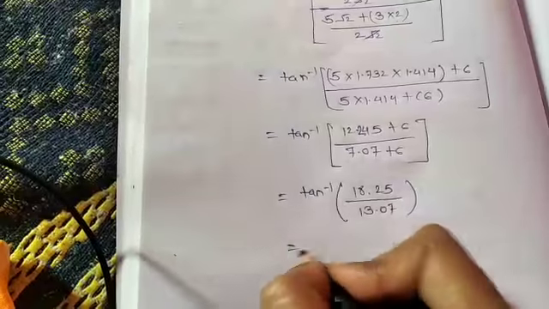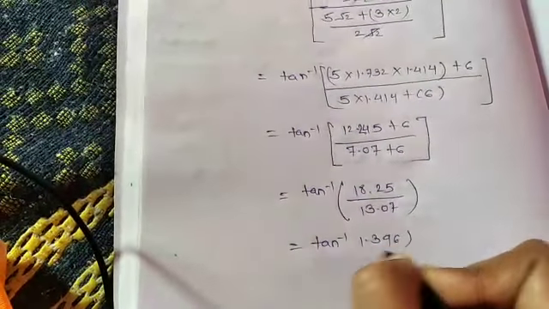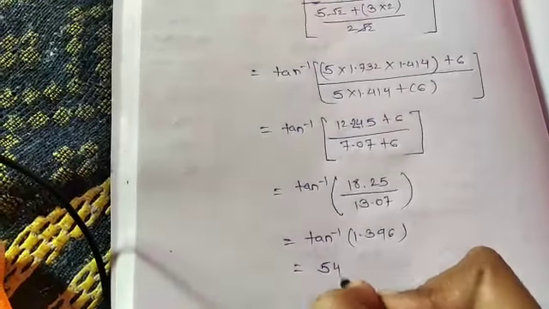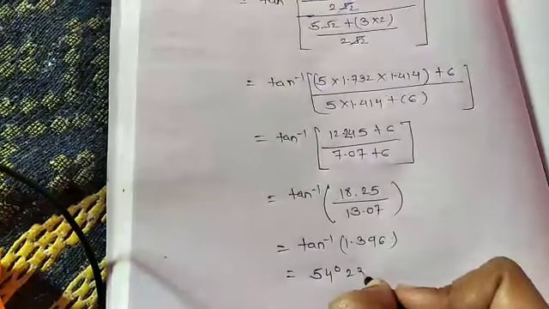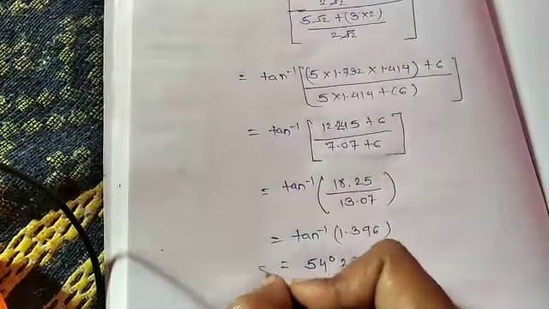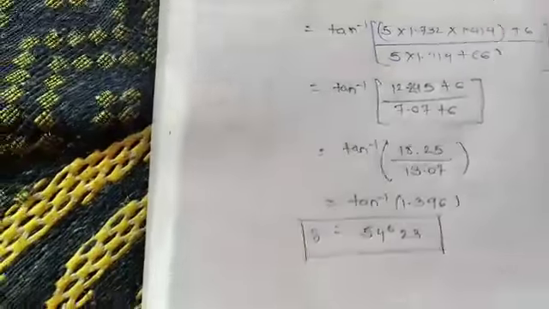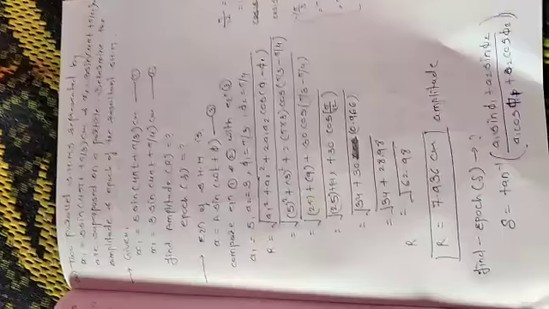Then it is tan inverse of 1.396, which will be about 54 degrees. Just take the tan inverse of this. So this is the delta. You can take a screenshot of this, and this is the previous part.